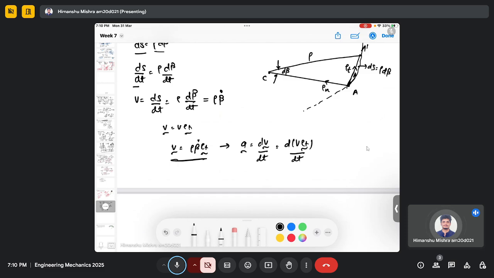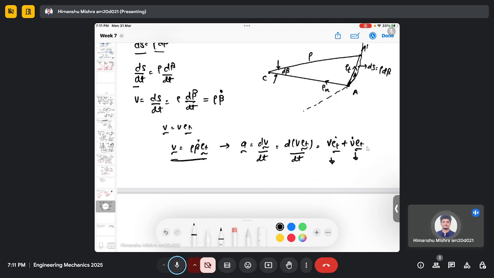Here v and et both depend on time. So if I differentiate this, I will get v et dot plus v dot et. So this is my acceleration. The first component is due to the change of the direction of the tangential direction, and this component contributes due to the change in the magnitude of velocity.